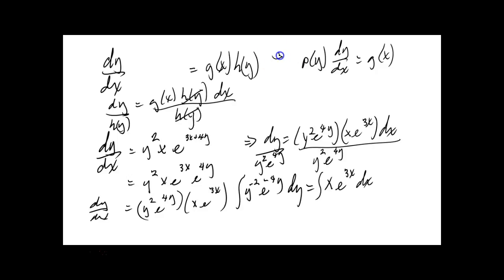This one right up here. What's the first thing we did here and here? Write it in differential form. And what would that be? P of y dy is equal to g of x dx.